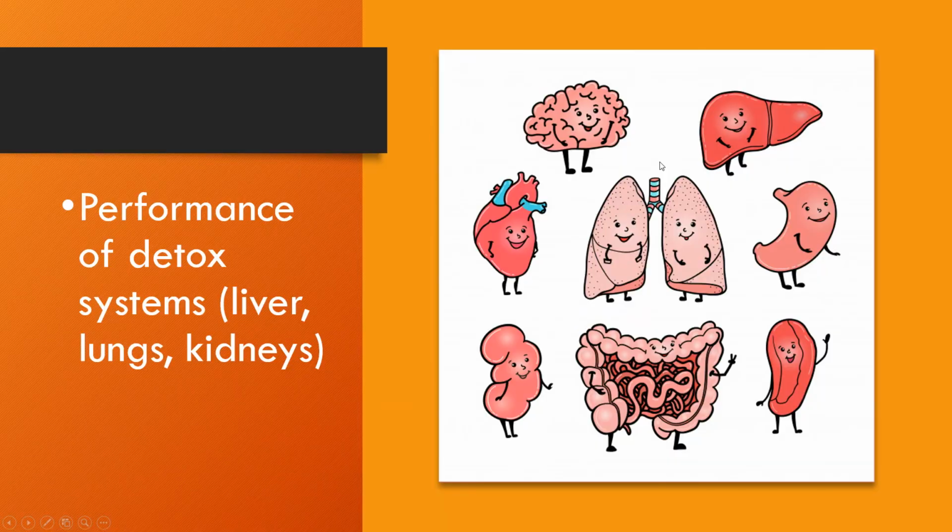Next, performance of detox systems. Your liver, your lungs, and your kidneys, you want these things as happy as possible. All of those detox products out there don't work. These three things detox. This is your detox system. As long as these things are healthy, you are properly detoxing.